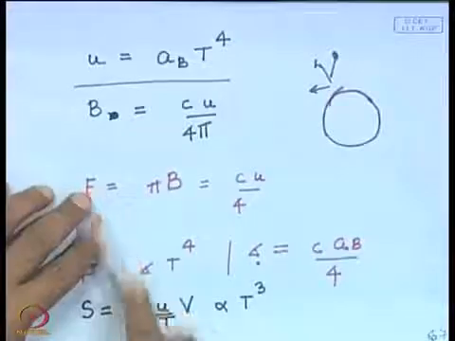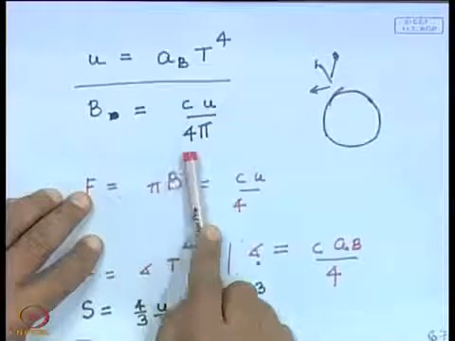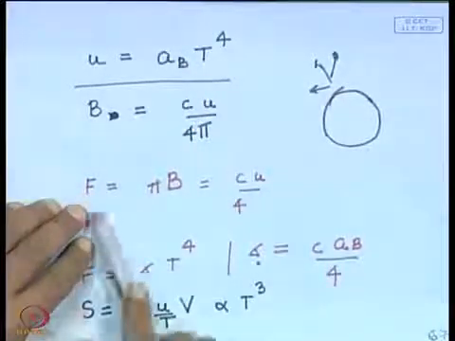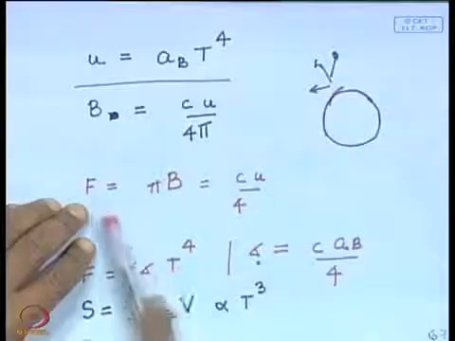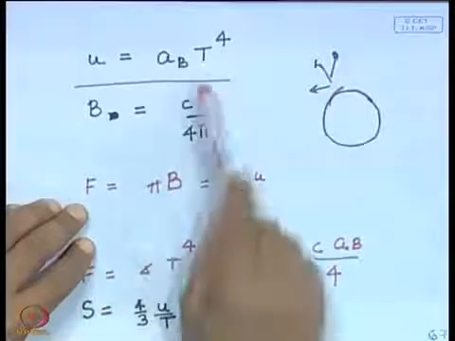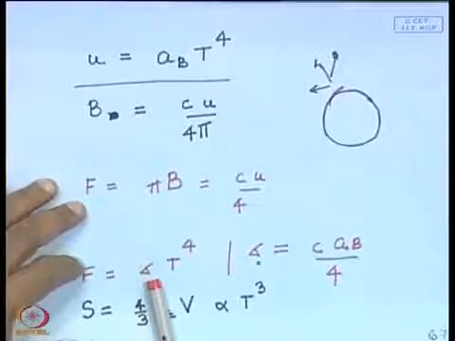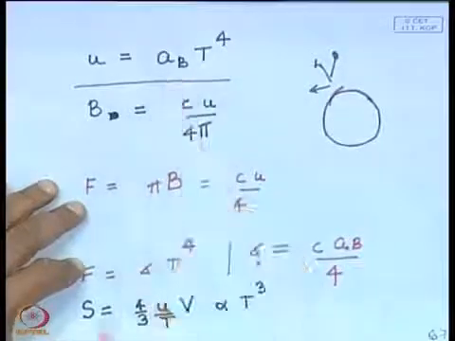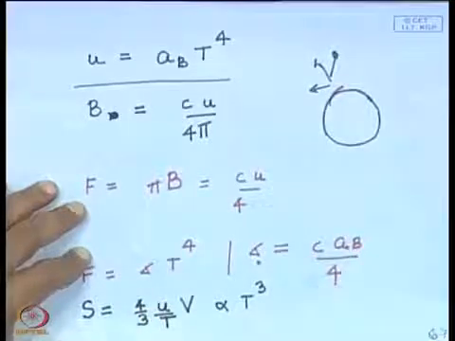The flux, the brightness, is c into the energy density by 4 pi, which also scales as T to the power 4. And the flux from any surface of a black body cavity we saw is also scaled as T to the power 4, and this constant is called the Stefan-Boltzmann constant sigma, and it is related to the Stefan constant like this. So, it is c into the Stefan constant by 4.